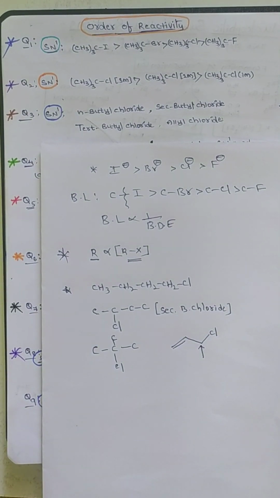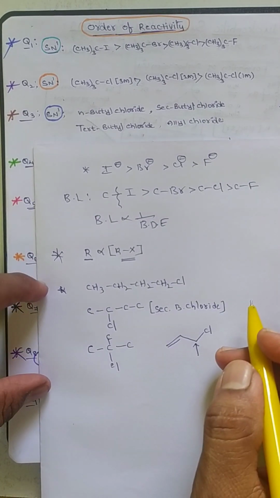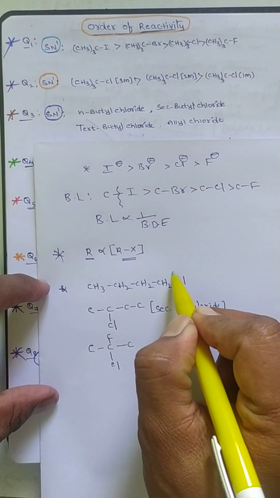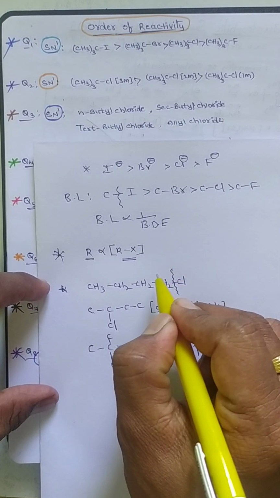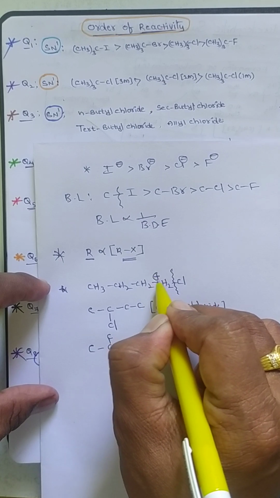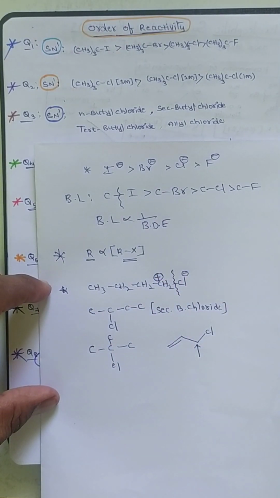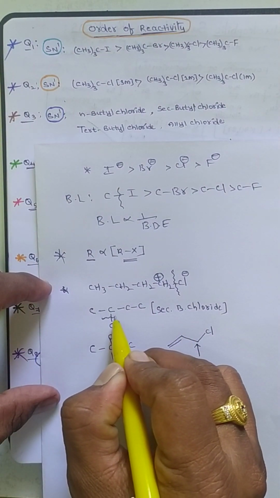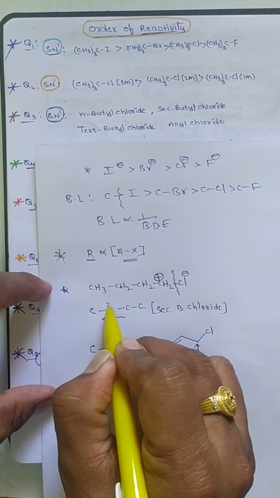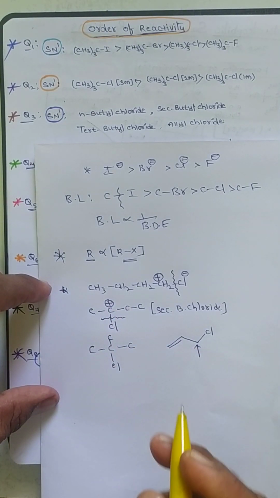Now which is more reactive? Whenever they ask an SN1 question, what is the SN1 reaction? The first step is the formation of carbocation by ionization of the carbon-halogen bond. The leaving group leaves from the substrate. When the carbon-halogen bond is broken, a 2-degree carbocation is formed.